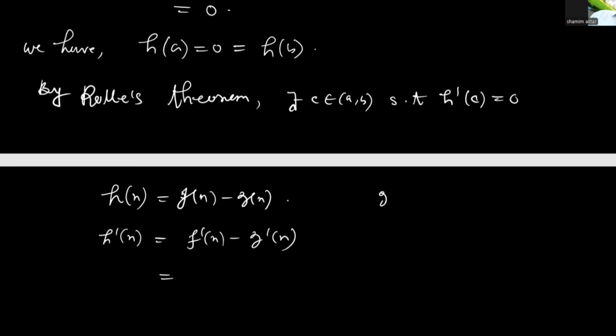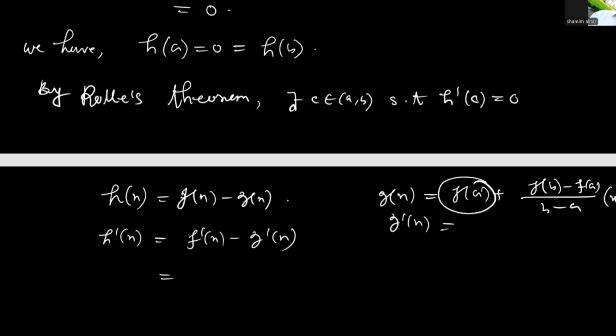Here g(x) equals f(a) plus (f(b) minus f(a)) divided by (b minus a) times (x minus a). So g'(x): f(a) is a constant, so its derivative is 0, and (f(b) minus f(a)) divided by (b minus a) is a common constant term, and d/dx of x equals 1, so this equals (f(b) minus f(a)) divided by (b minus a).